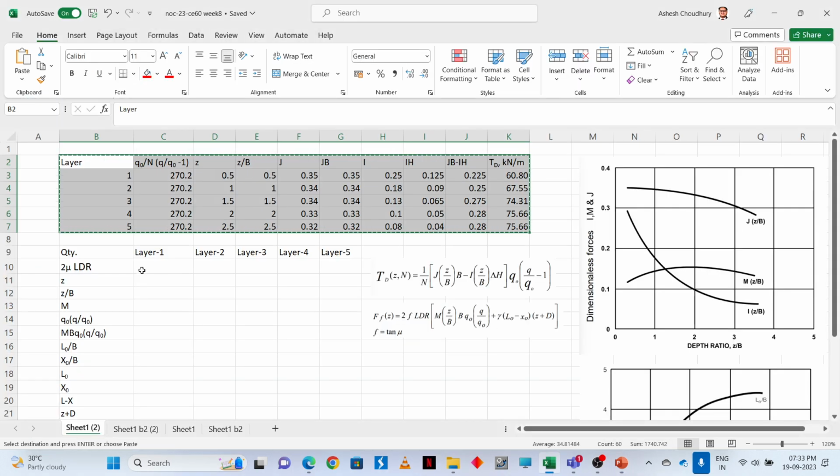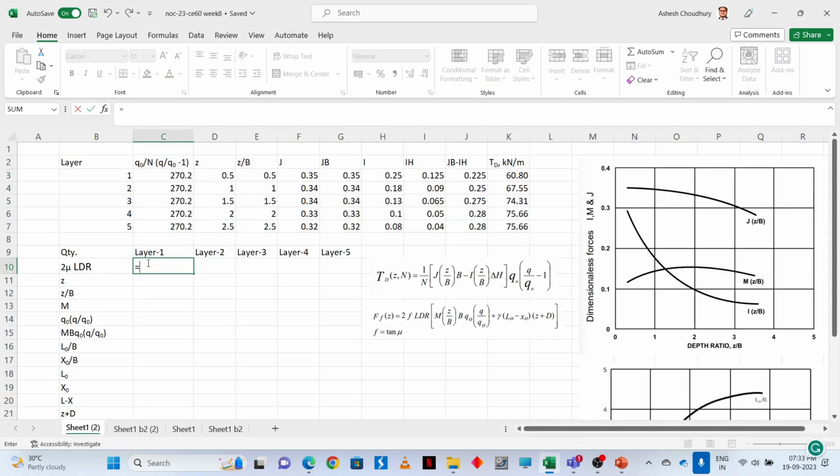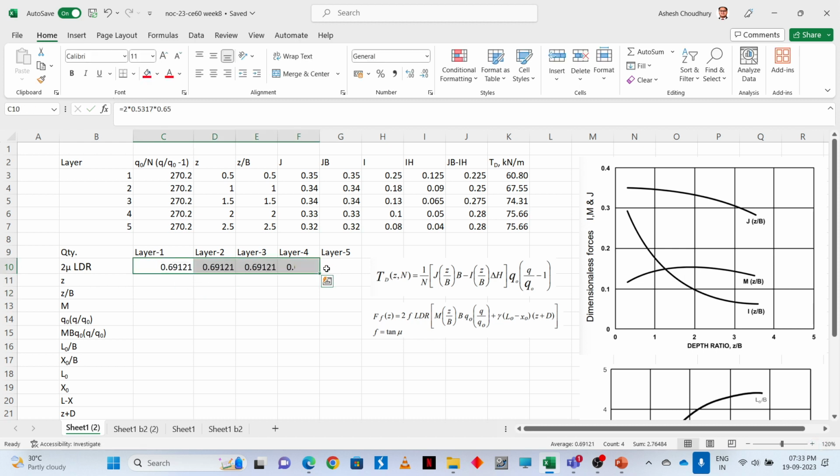So this is equal to 2 times tan of 28 degrees, which is 0.5317, times LDR. LDR is 0.65. So we get 0.69. Alright, we got the first term, 2 F LDR.